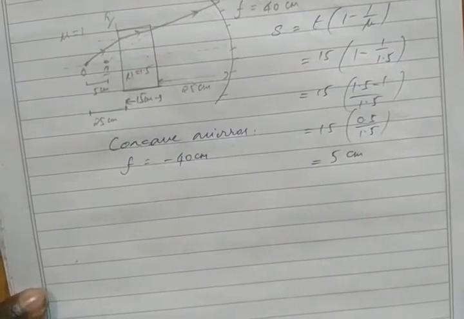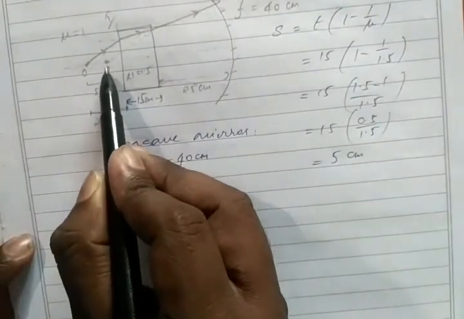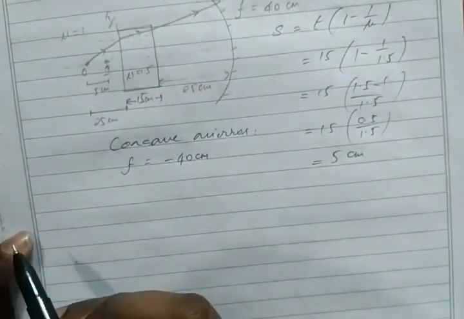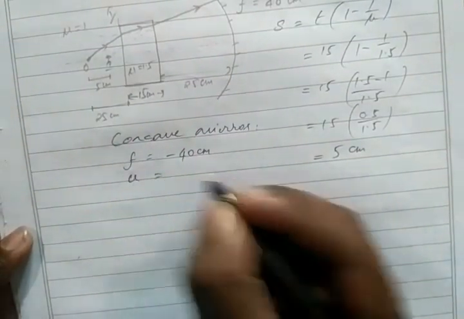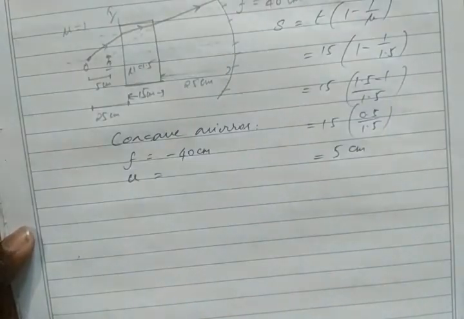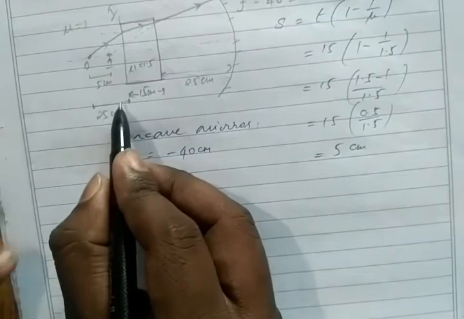Then what is the object distance? The image of the first interface will behave as the object for the second interface. Now this is our object for this mirror. So we have to find the object distance. The total distance is 25 centimeter.